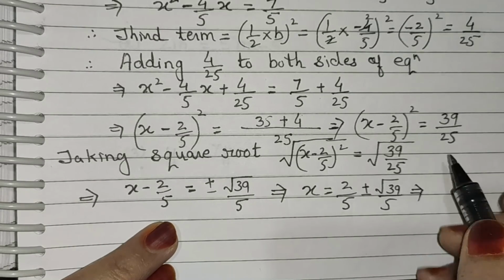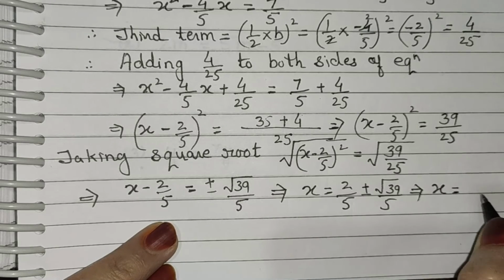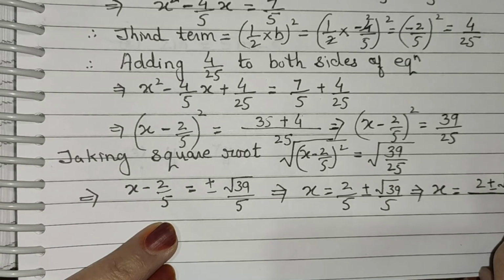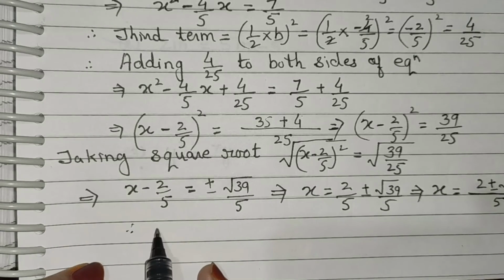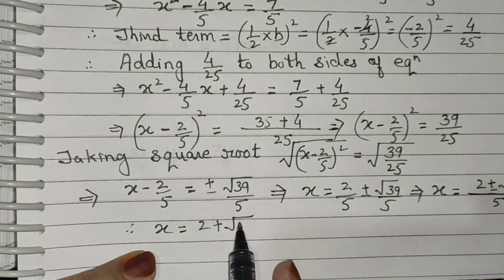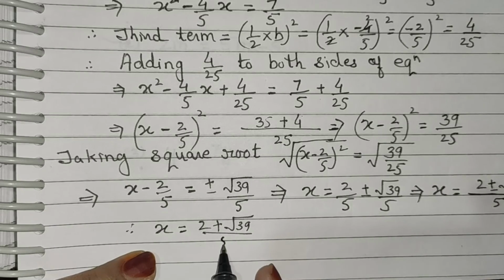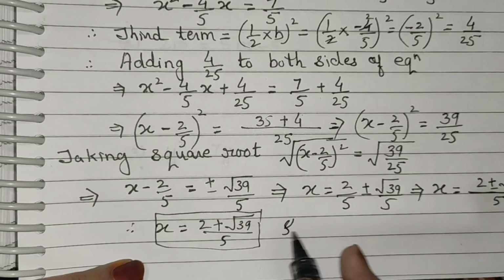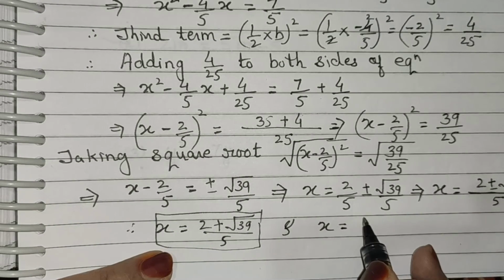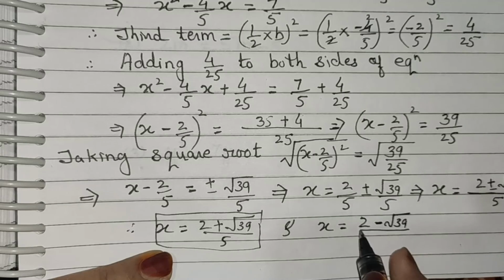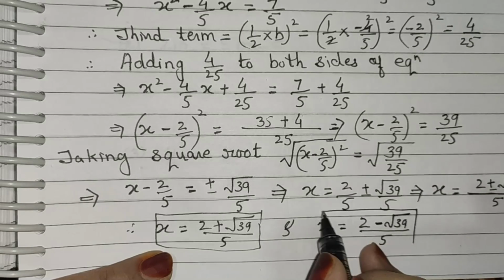Now it can be written as x is equal to 2 plus minus square root of 39 upon 5. Therefore we get the value x is equal to 2 plus square root of 39 upon 5 first, and second value x is equal to 2 minus square root of 39 upon 5.